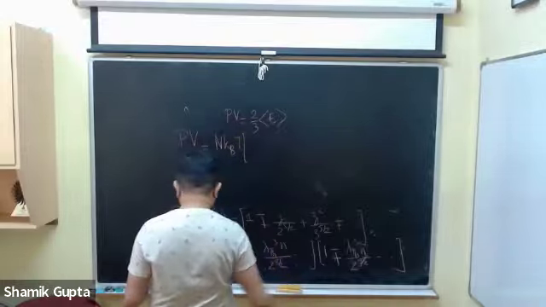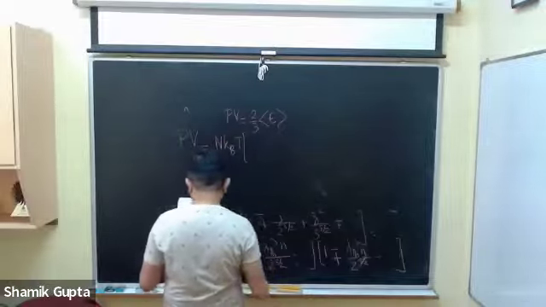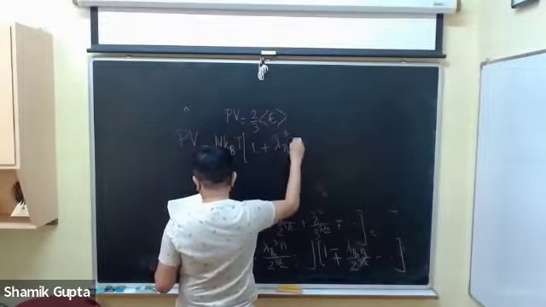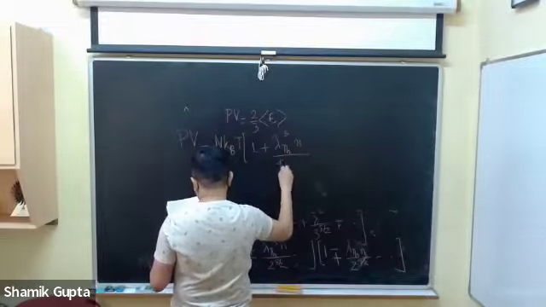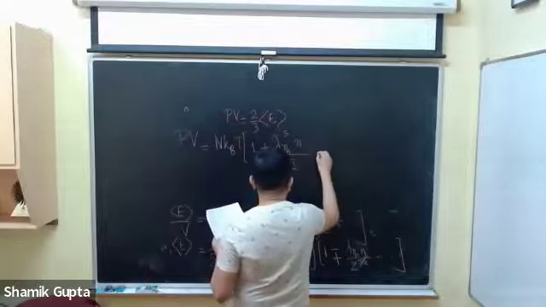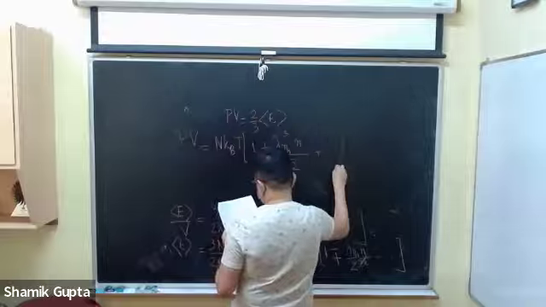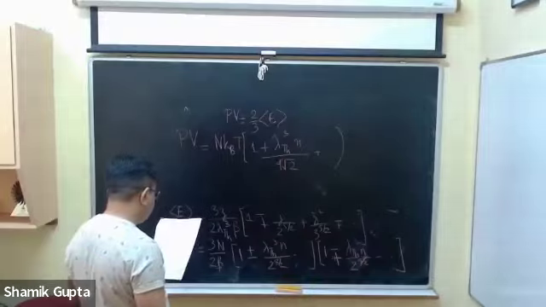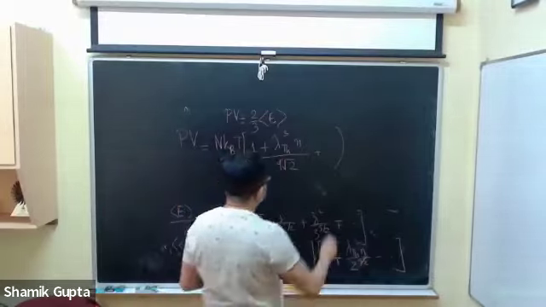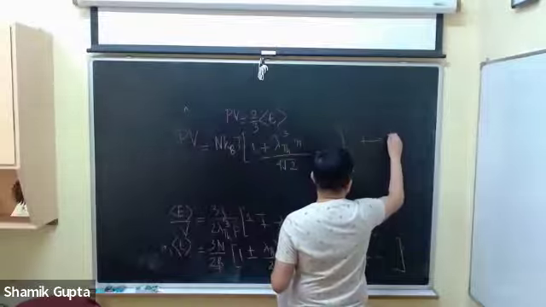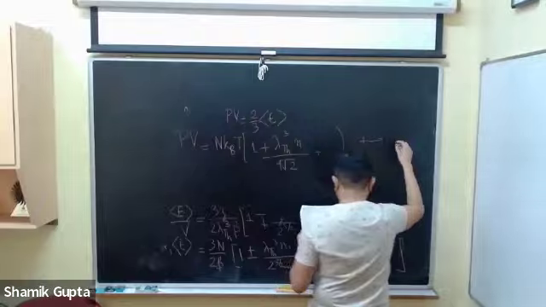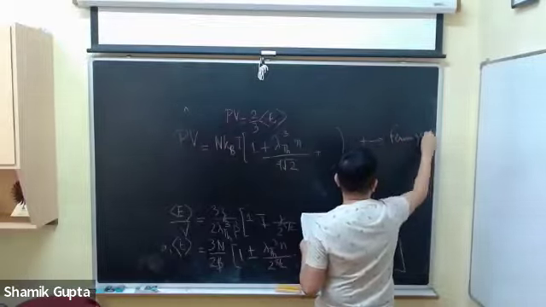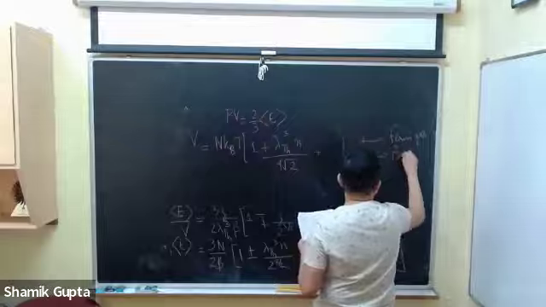If I just expand out this term, I get 1 plus lambda thermal cube N divided by 4 square root of 2, plus minus. Remember, plus is for the Bose gas and minus is for the Fermi gas.